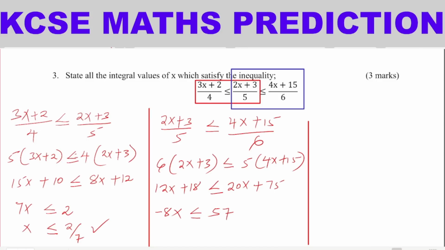And dividing both sides by negative, the moment you divide both sides by negative, note this please, this inequality sign will change to the opposite, so it is less than or equal to, so it becomes greater than or equal to. This is negative 57 over 8, and this one will be x is greater than or equal to negative 7 and 1 over 8, that is 57 over 8.